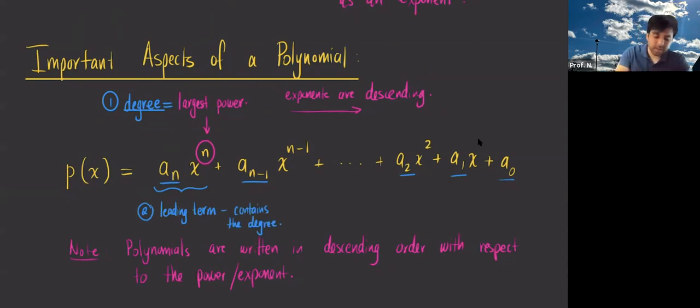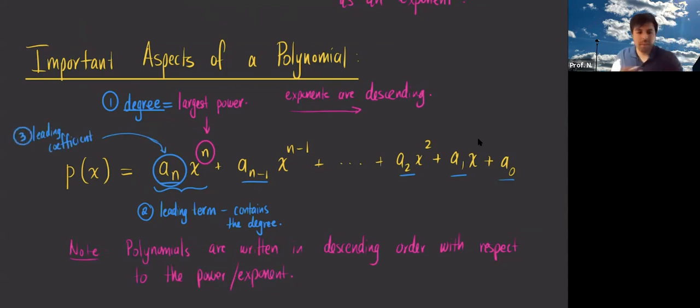Alongside with that, we care about the coefficient. So what is our coefficient? We call this the leading coefficient. That's number 3.